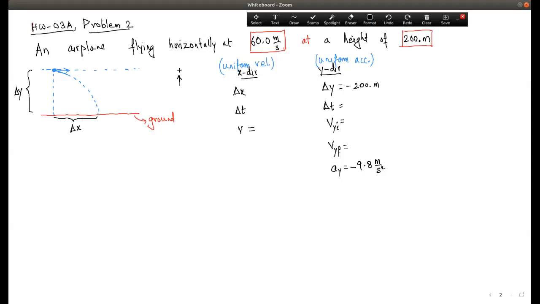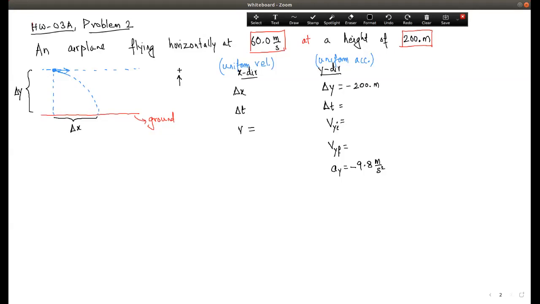Delta x is not given to us, even though we do expect it to, again, based on the concept that this will keep moving in the forward direction. So it's expected to fall somewhere there. But that's what is being asked. How does the horizontal component of velocity of the bundle change with time during the drop?